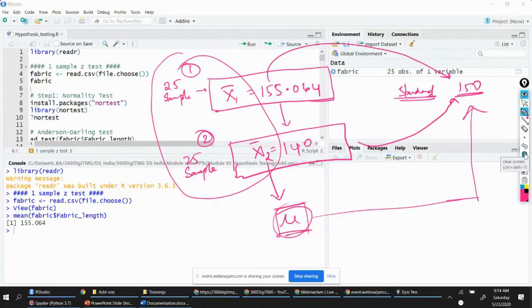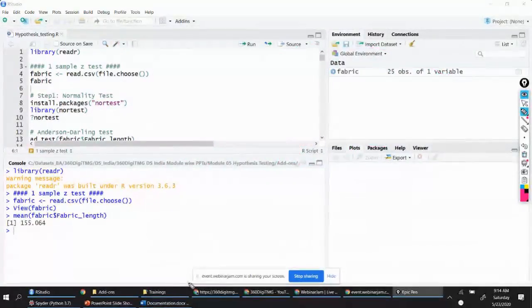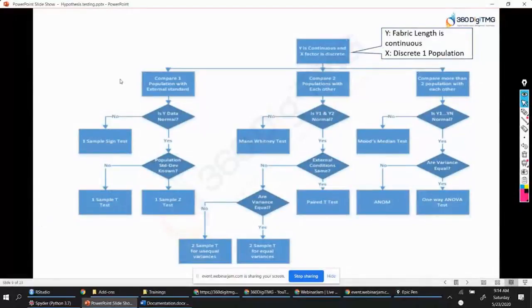But in order to do this study, we need to look at various conditions. So I identified what is the flowchart that we need to follow. And we've seen that the data that we are trying to estimate, the parameter that we are trying to estimate, is continuous, right? If this is continuous, then we need to verify whether this is normally distributed or not.